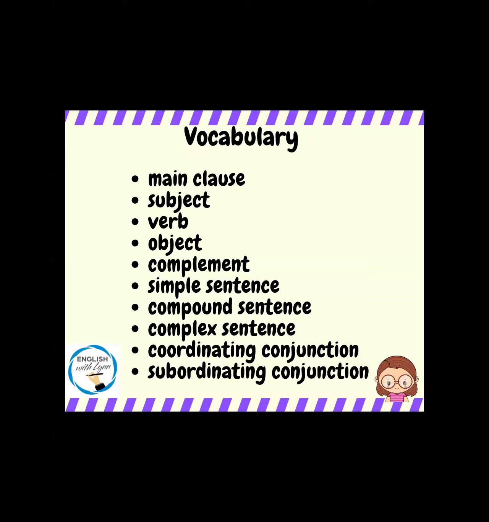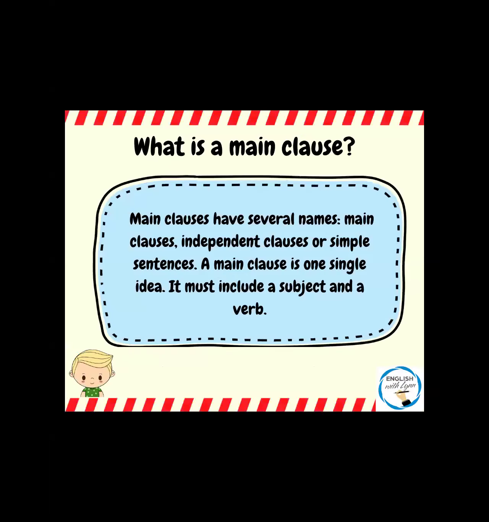Okay, so the first bit that we are going to look at is a main clause. Now, this is where English gets really confusing, because main clauses have other names as well. If you hear someone talking about an independent clause, they are also speaking about a main clause.